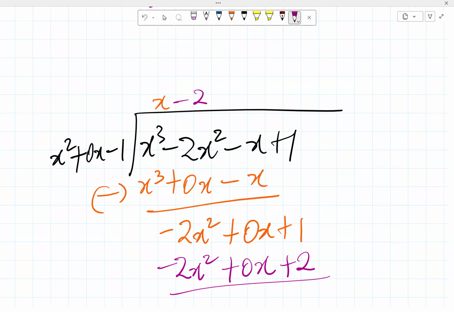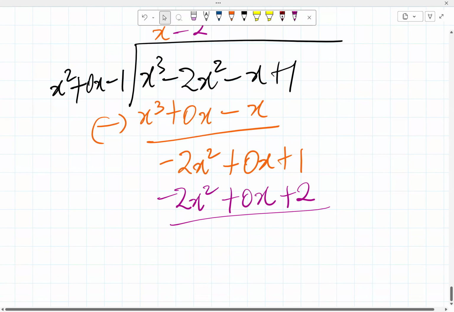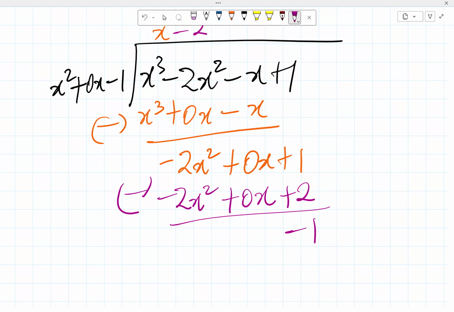Okay, so when you subtract, you have 0, 0, and this is minus 1. So we have a remainder of minus 1 here: 1 minus 2 is minus 1.